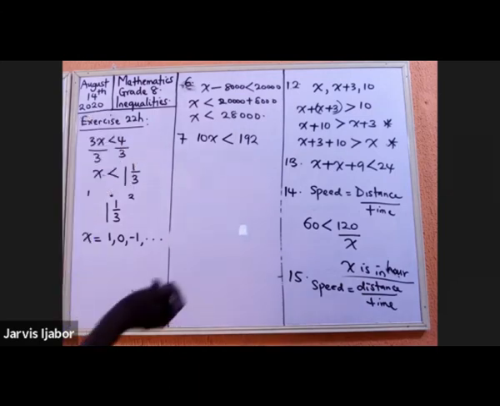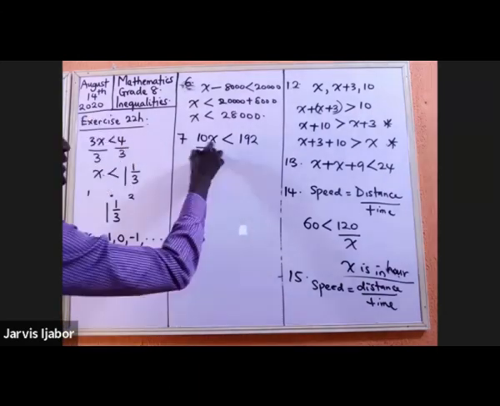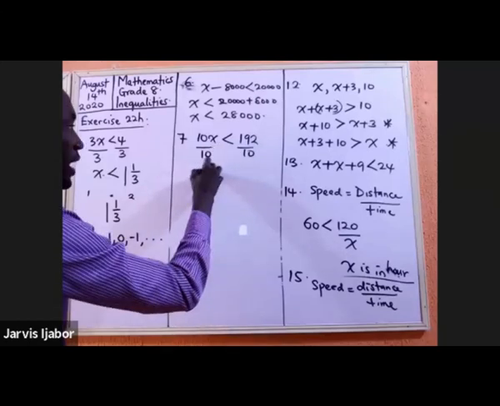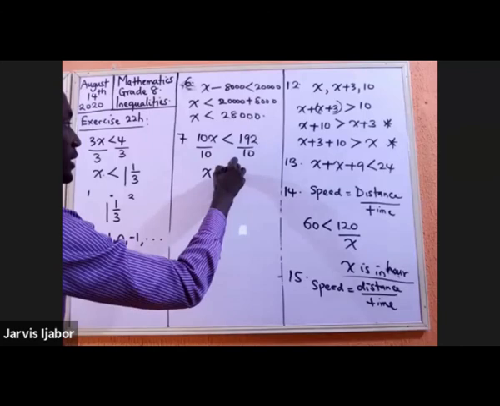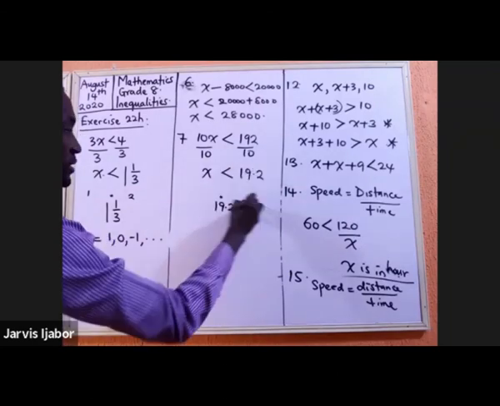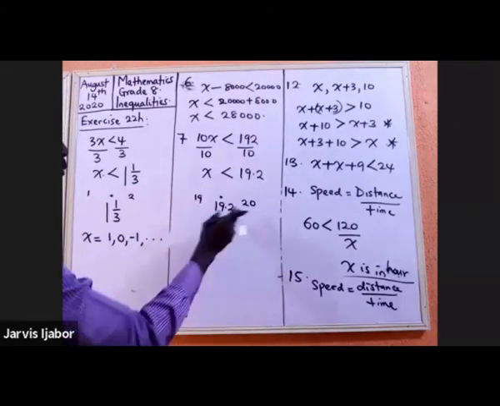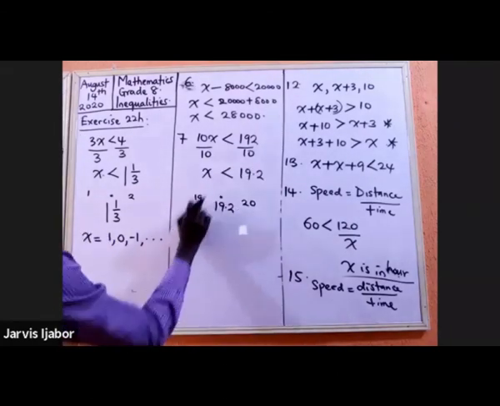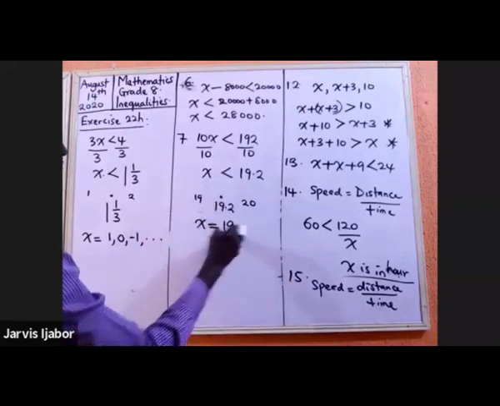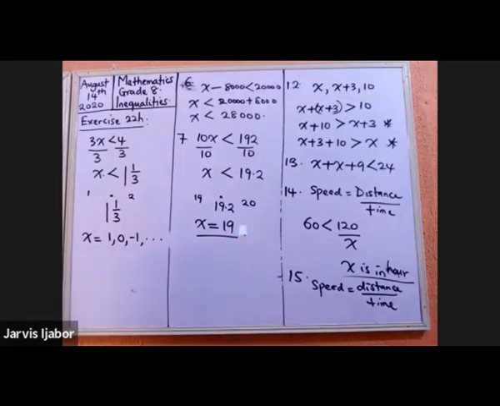So divide both sides by 10, x will be less than 19.2. So the highest possible value of this will be this, because they have said x less than. So x will be equal to what? 19. So that's the highest possible value of what? X.